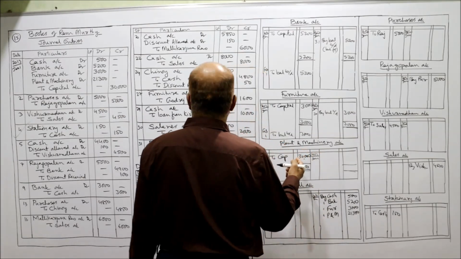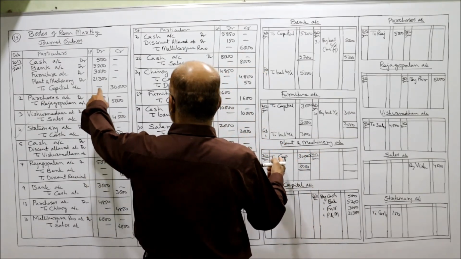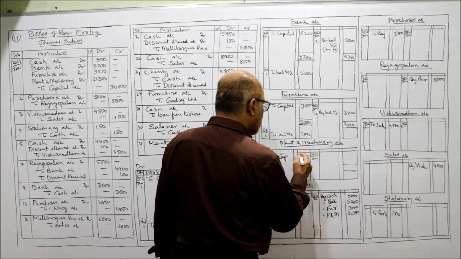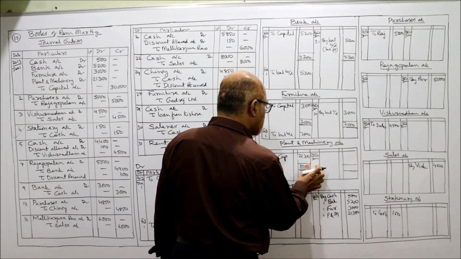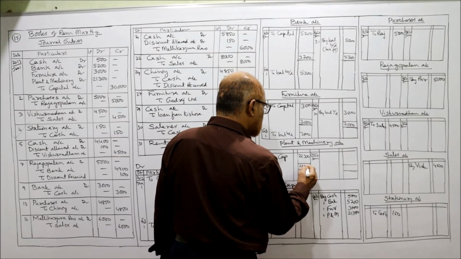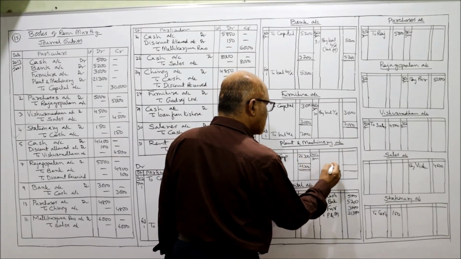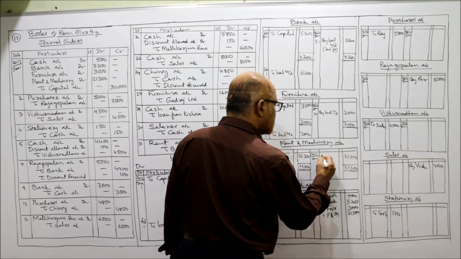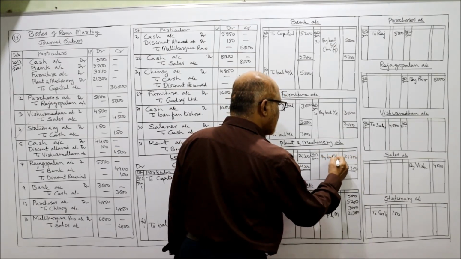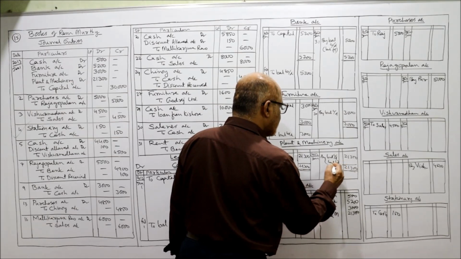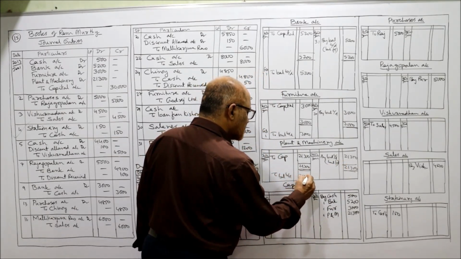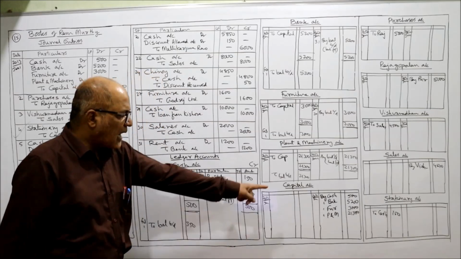Plant and machinery is 21,300. So 21,300 by balance carried down, balancing figure, to balance brought down 21,300. That's all.